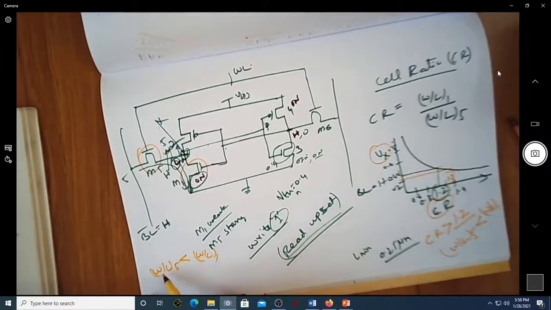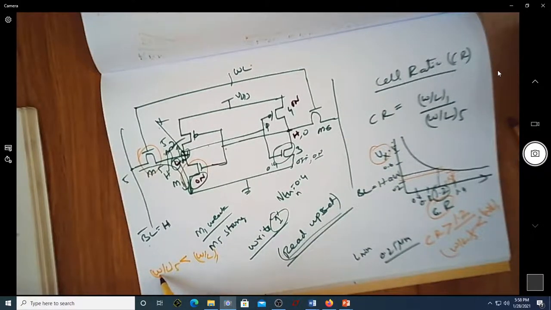Since we are talking about dimensions, we know that if the width of the transistor is less, then the resistance of that transistor will be high. So the resistance offered by the fifth transistor should be greater than the resistance offered by the first transistor.